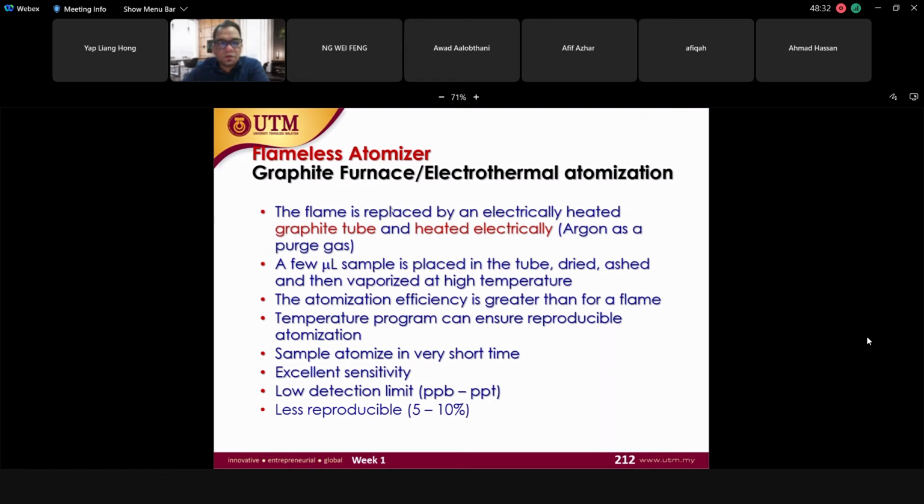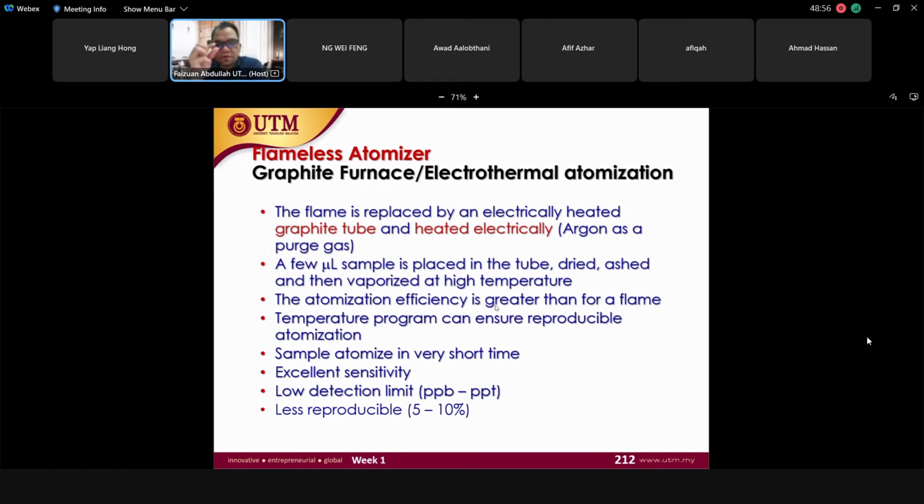All right. So we also have the graphite furnace AAS, which uses a small graphite tube. The sample will be injected into the tube, a very small amount of sample, and the heating process will happen inside the tube. Only a few microliters of sample are placed in the tube, dried, ashed, and then vaporized at high temperature.